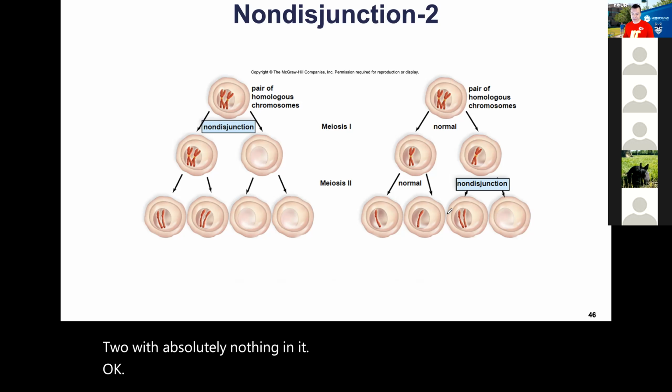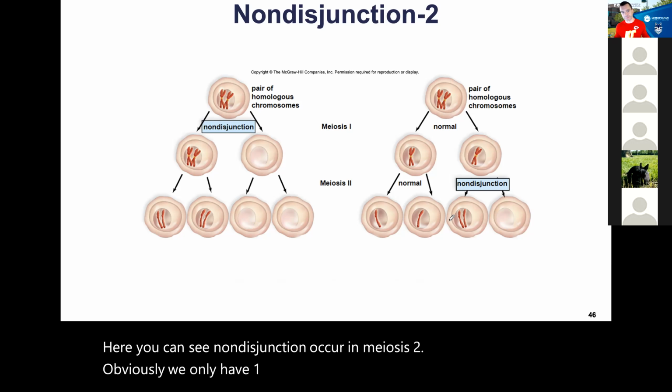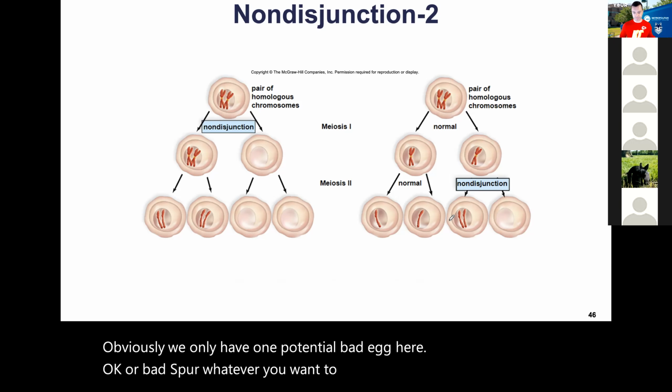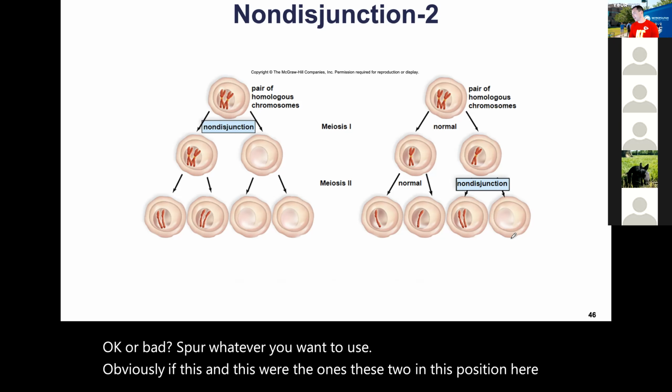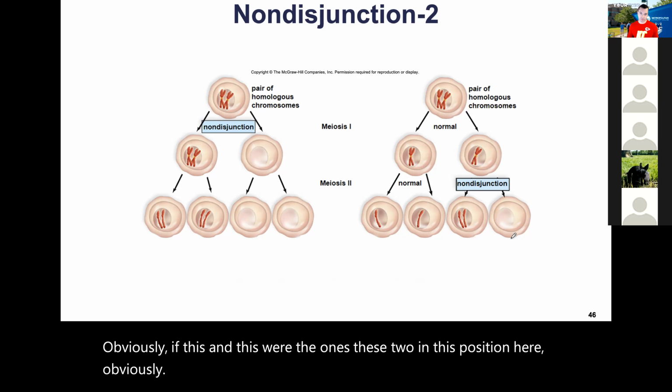Here you can see non-disjunction occurring in meiosis 2. Obviously, we only have one potential bad egg here, or bad sperm, whatever you want to use. Obviously, if this and this were the ones, these two in this position here, it wouldn't work.